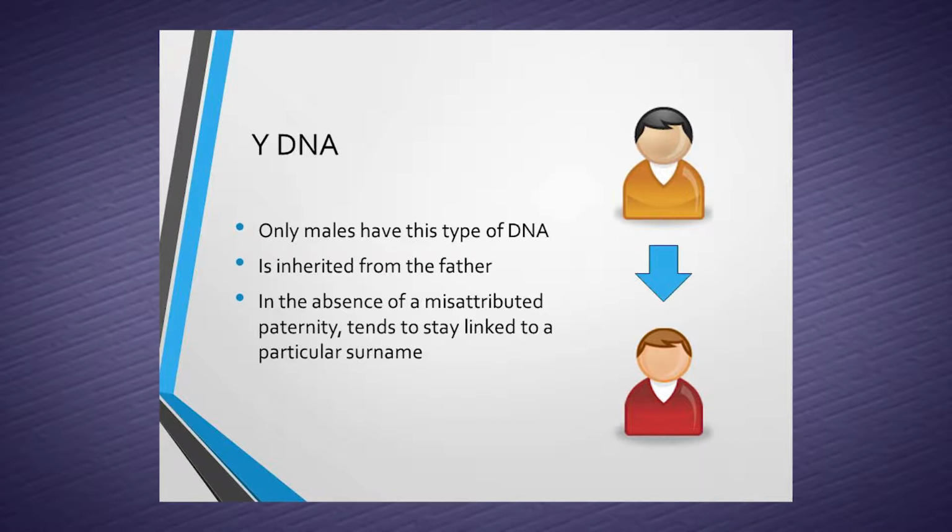Now, one of the things that makes Y DNA testing interesting is it's frequently used in conjunction with a surname line, because in Western European culture and other cultures, usually children are given the surnames of their fathers. That's very common. So that means that as boys inherit Y DNA from their fathers, they're also inheriting their father's surname typically, and that means that Y DNA seems to travel along with the surname.